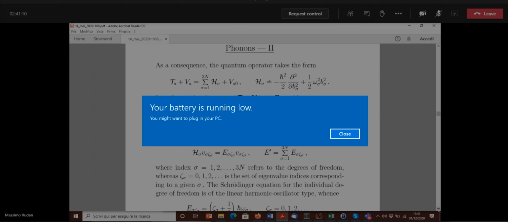So the individual Hamiltonian depends on index sigma. Here, index sigma is the only index. It goes over the degrees of freedom, so from 1 to 3N, okay? And obviously it is equal to minus h bar squared divided by 2, second derivative with respect to b, plus 1/2 omega squared b squared, okay?